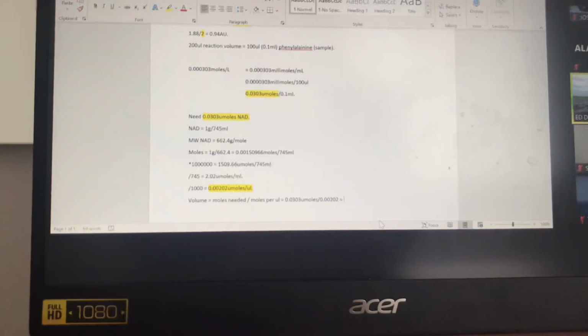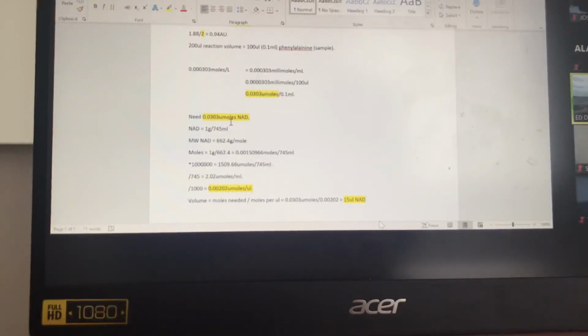So, divided by 0.002 means that we need to add 15 microliters of NAD solution. If we add the 50 microliters of NAD, we're effectively adding 0.303 micromoles. And so we're never going to run out of NAD before we've converted all the phenylalanine to phenylpyruvate.